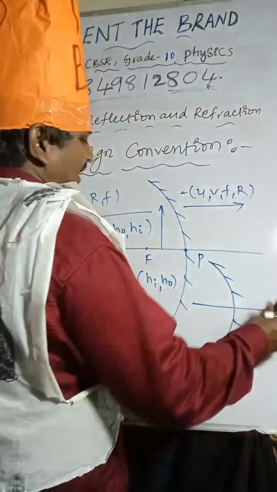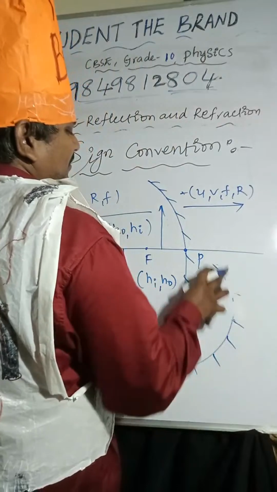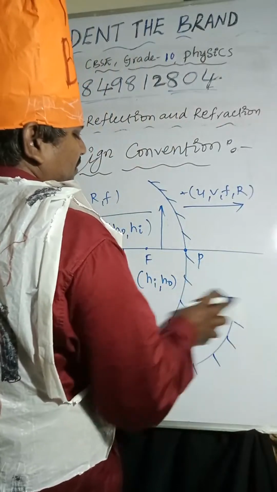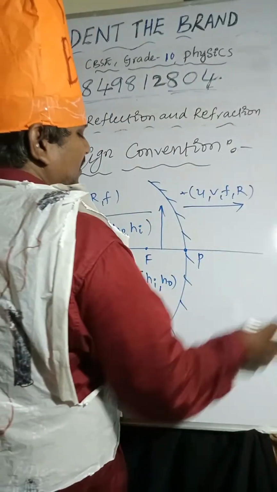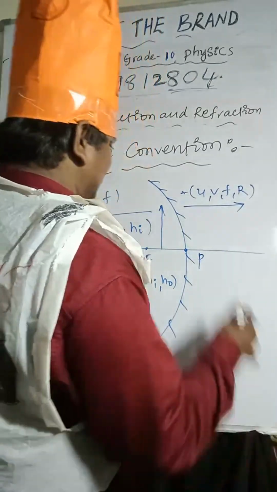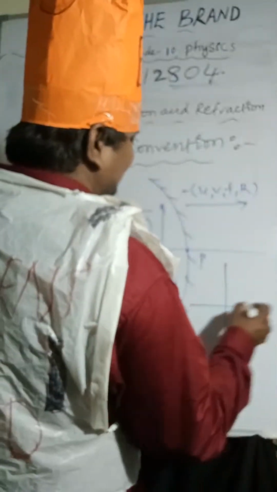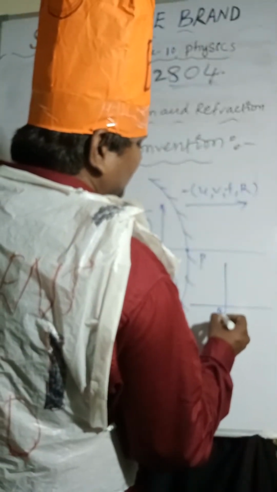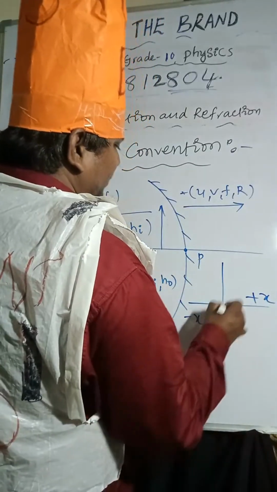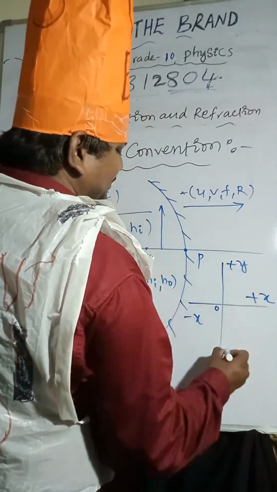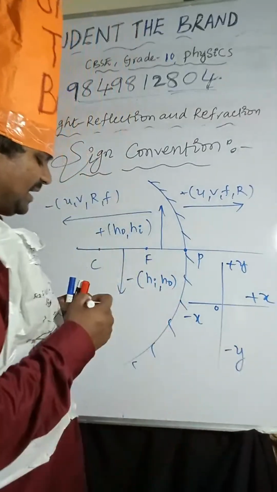As you can observe, this is like coordinate geometry: origin, positive x-axis, negative x-axis, positive y-axis and negative y-axis.